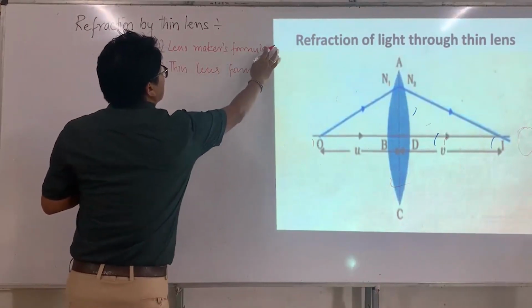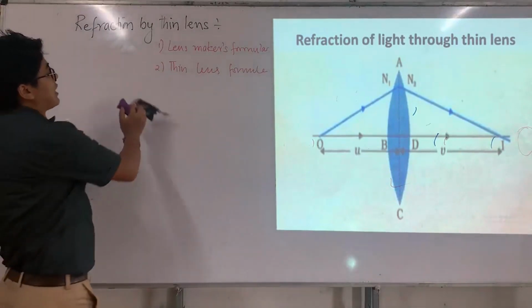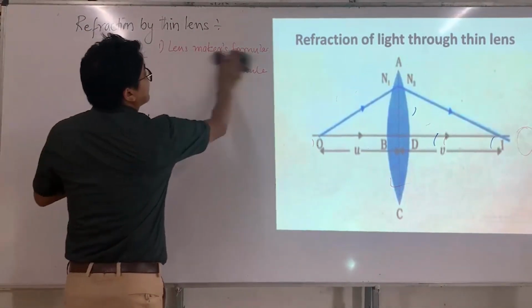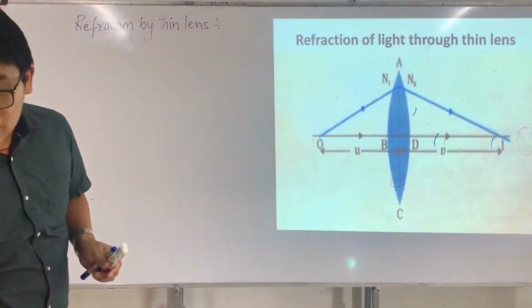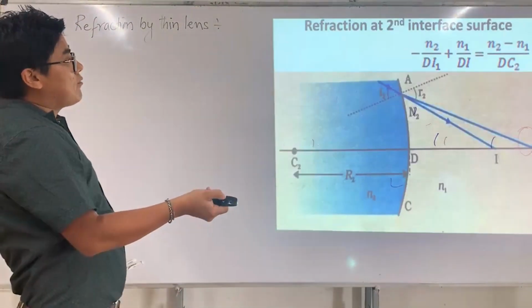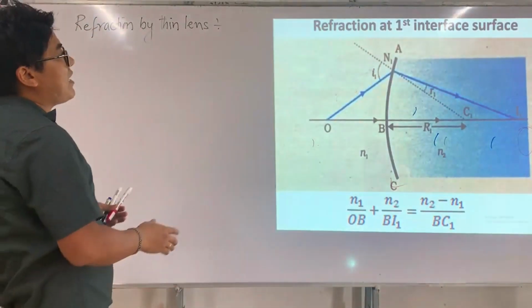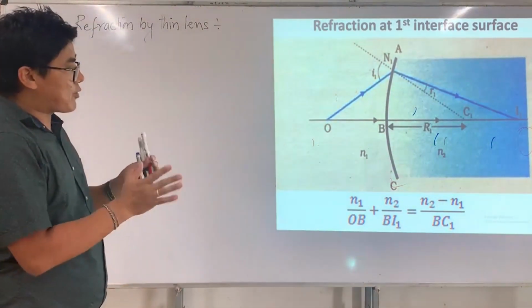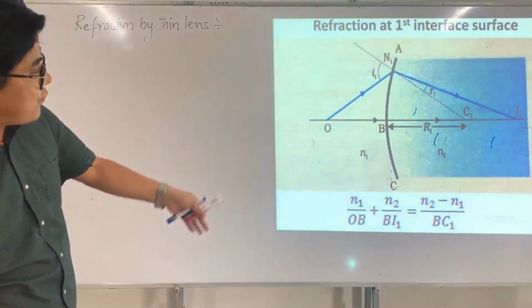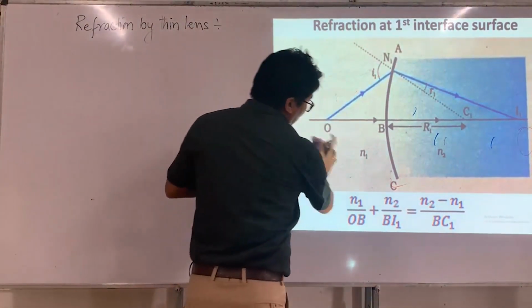So this is what we are going to derive using refraction of light through a thin lens. As I told you just now, we will do first the refraction of light at the first surface, and then at the second surface. We will club them together. I am not going to derive the refraction through the first surface again. First surface is already done.